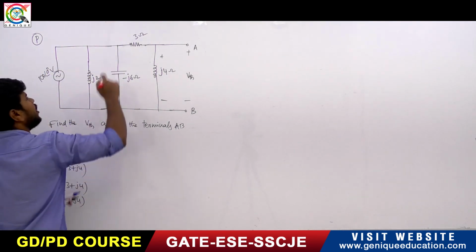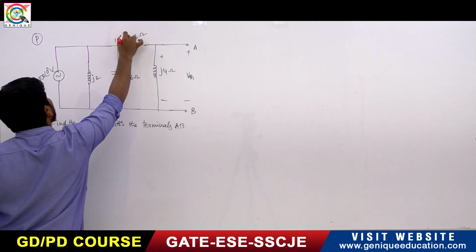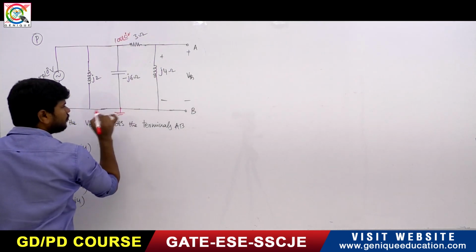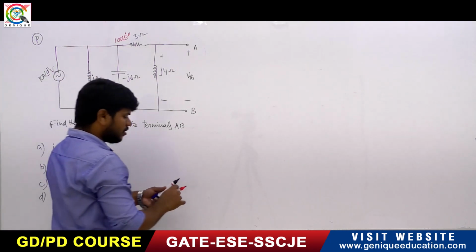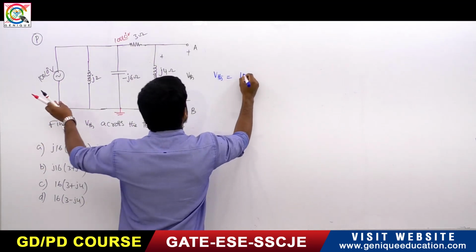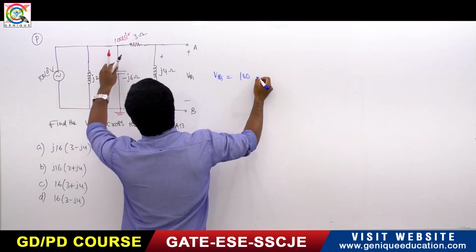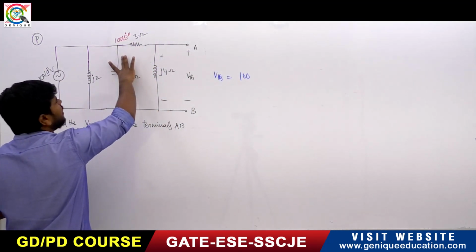So here you will get 100 volts, 100 at an angle 0 volts. It is a ground. So you can directly write VTH is equal to 100 at an angle. Here there is 100 volts.